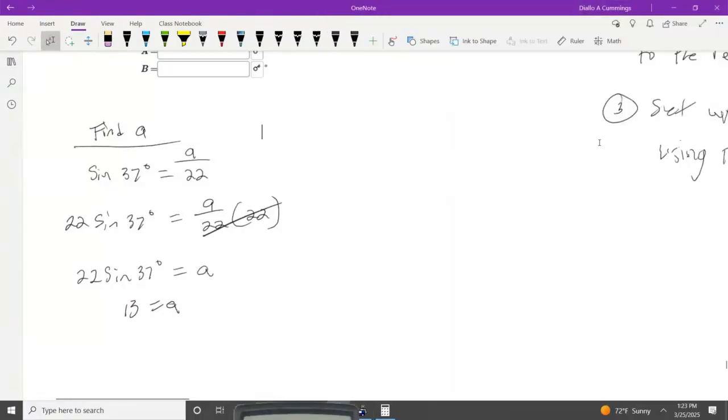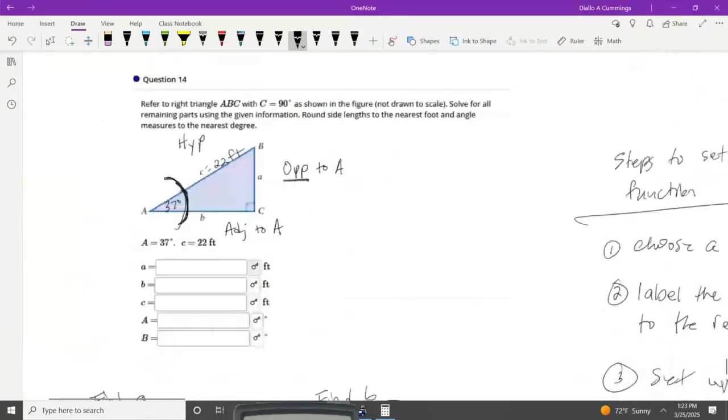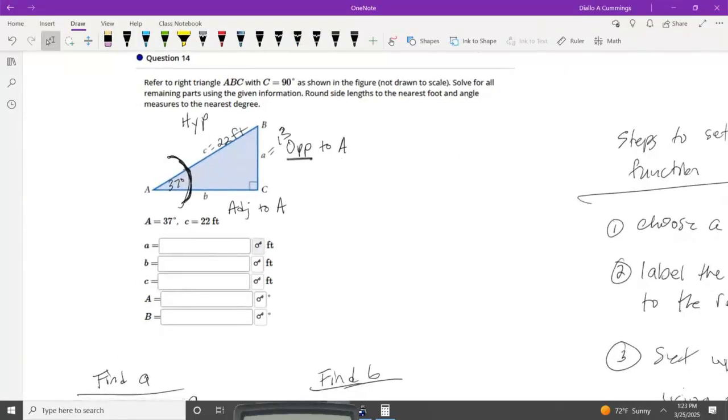All right, any questions on finding side length A? Now we're going to find B. A was 13, so I'm going to jot that into my triangle. Now I want to find side B. You could set up another trig function, but as I stated earlier, you want to set up the least amount of trig functions as possible. To find side B, since I know two sides, I could use the Pythagorean theorem.